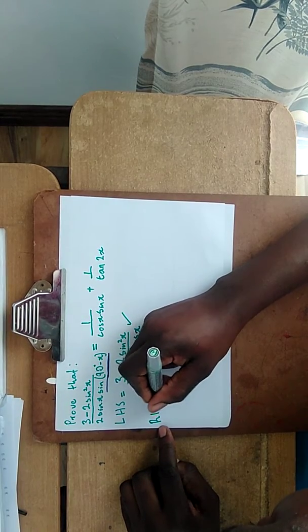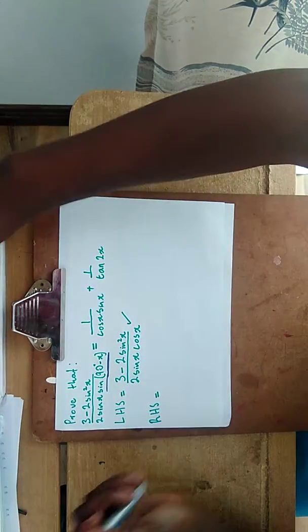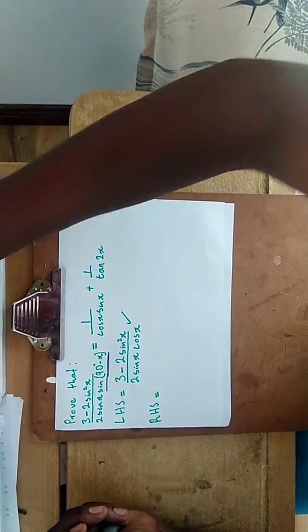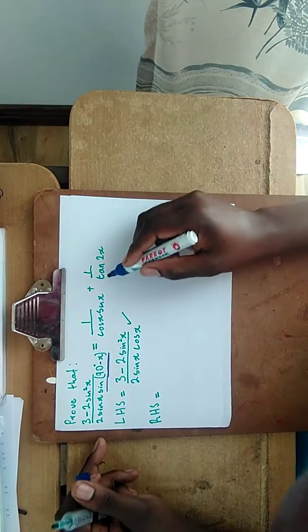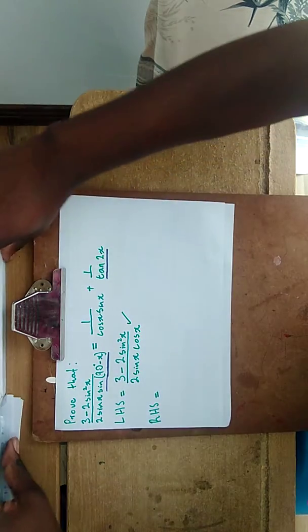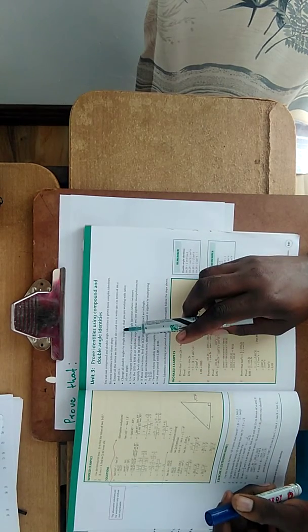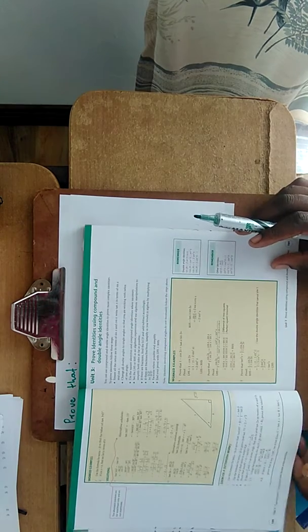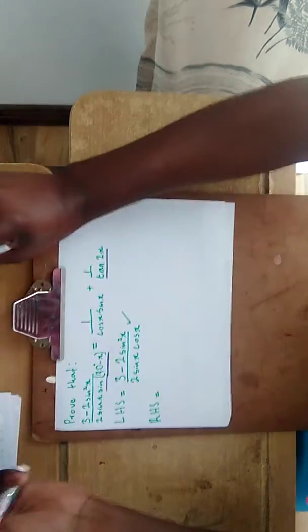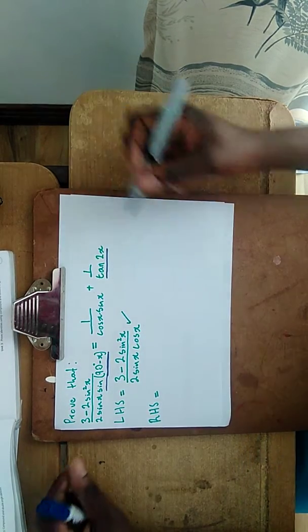Right hand side equals, if you look at your right hand side, we have tan 2x. And if we go back to our steps, it says that we must ensure that all our ratios are in terms of sine and cos. So this is where we're going to change our tan into sine over cos.